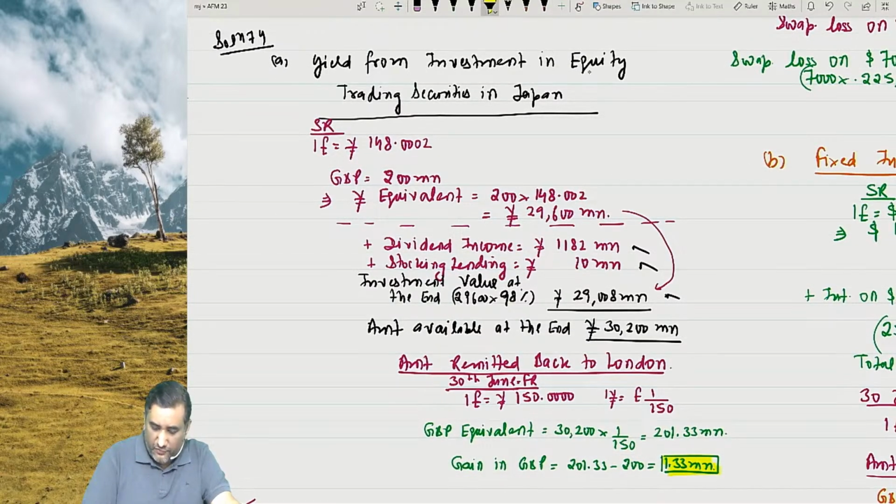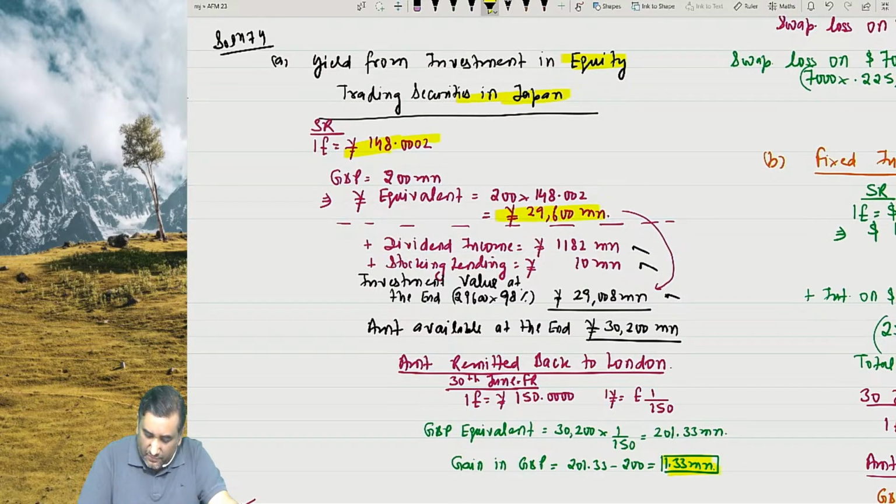If you earn from equity trading in Japan, then this 148 spot rate I apply, this will become Japanese yen 29,600 million, plus dividend plus stock lending, and the value at the end becomes 98%.